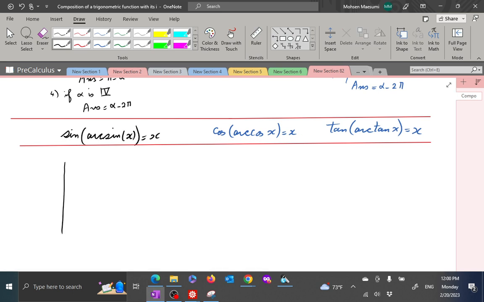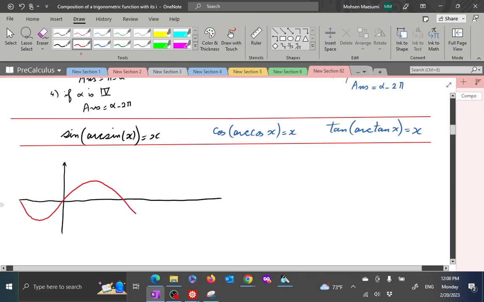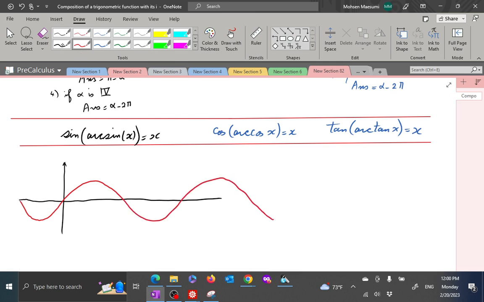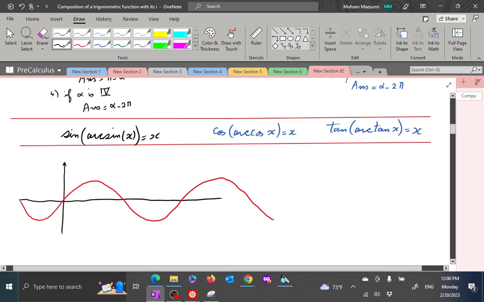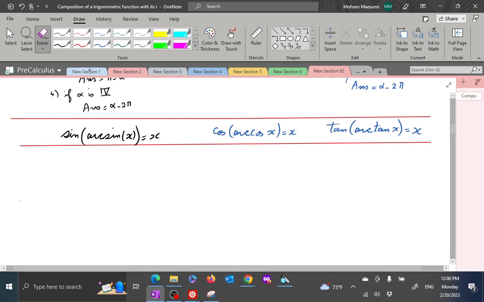So the graph of sine of x is something like this. Let me redraw this thing because I want to draw 3 of these.